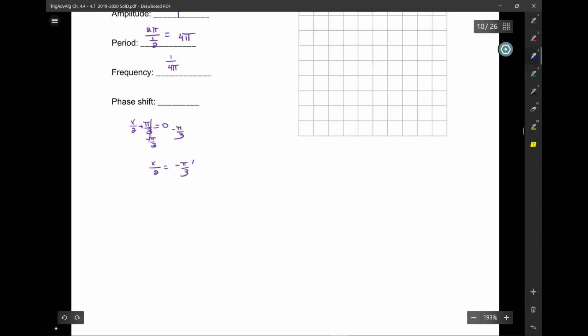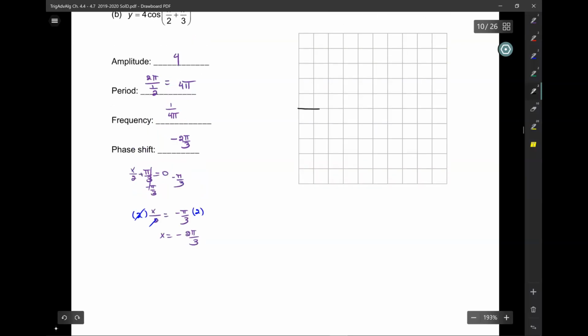And then multiply everything by 2. So x is negative 2 pi over 3. Okay. And that means that it's moved over to the left, the negative side, by 2 pi over 3 units. Okay, now we need to figure out our graphing region.